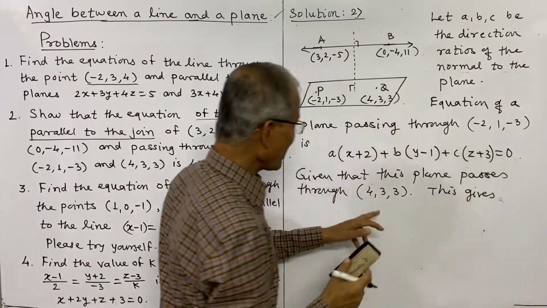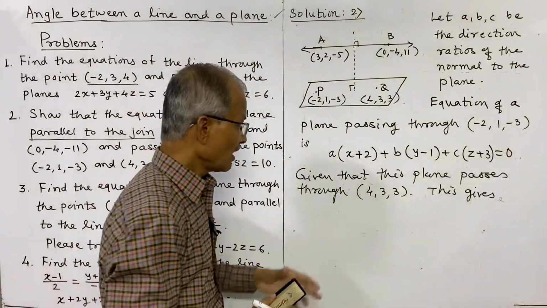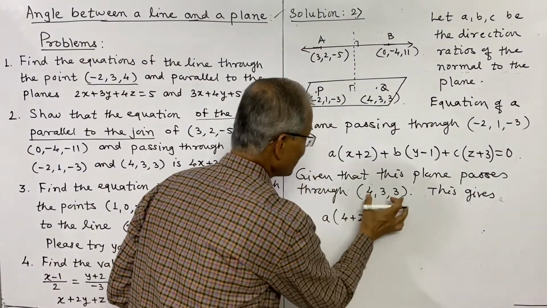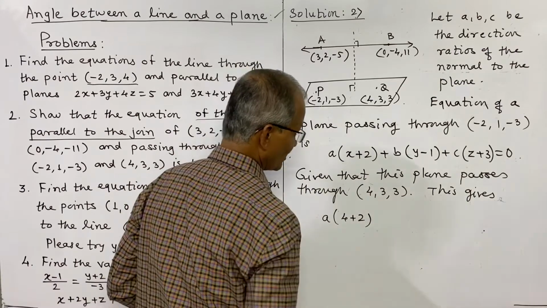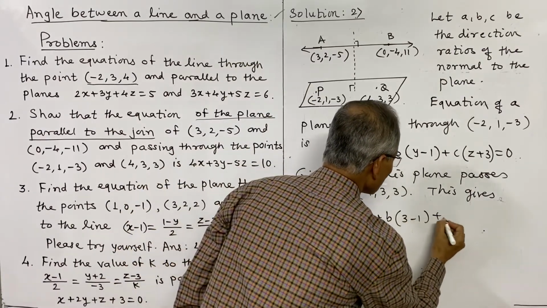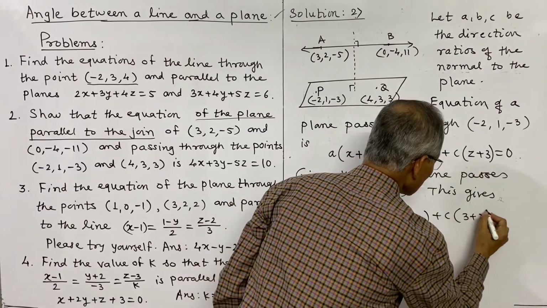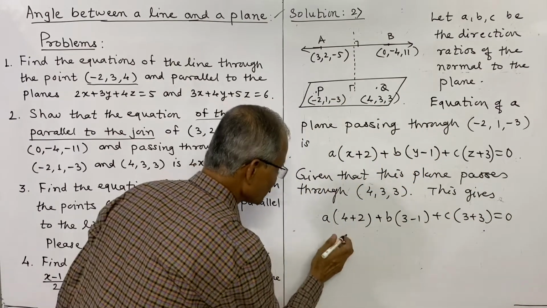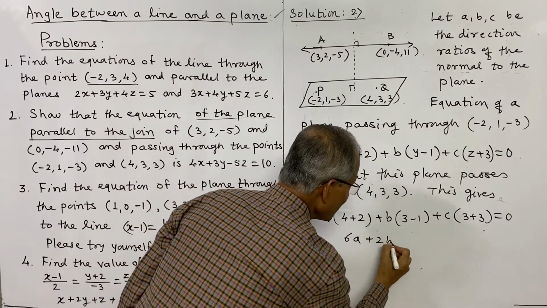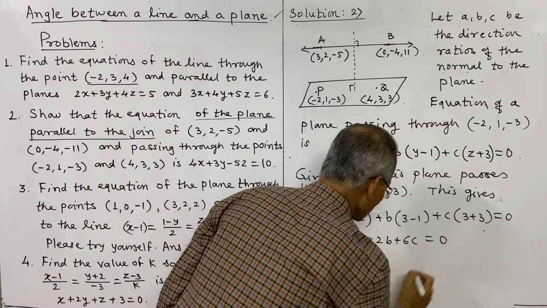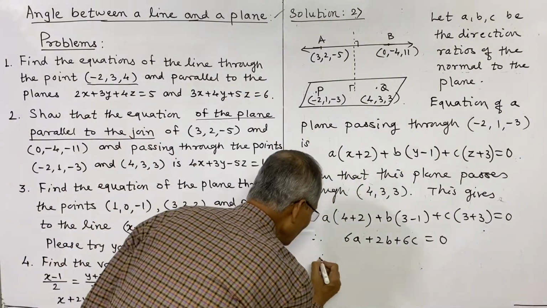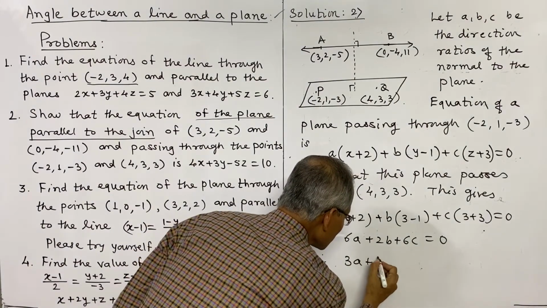So that means this point must also be in the plane, and therefore that will give a into 4 plus 2, putting the values of x, y, z as 4, 3, 3 respectively, plus b into 3 minus 1, plus c into 3 plus 3 is equal to 0. That is 6a, and this is 2b and this is 6c is equal to 0, and this can be reduced. We can divide throughout by 2.